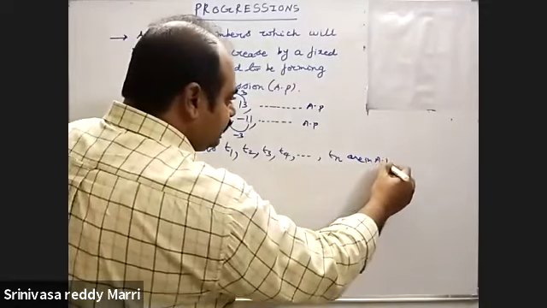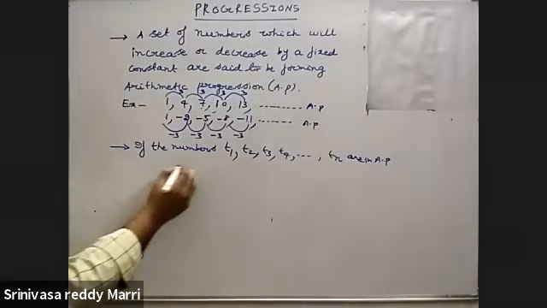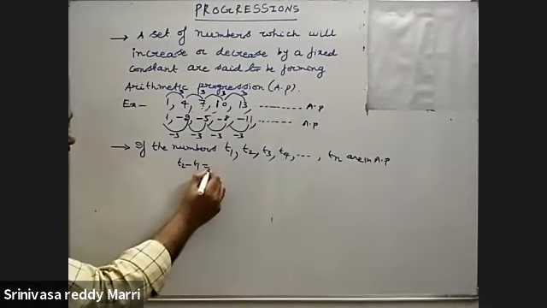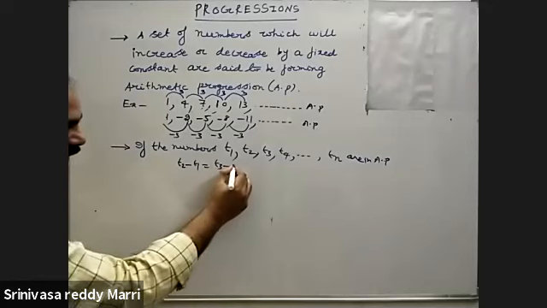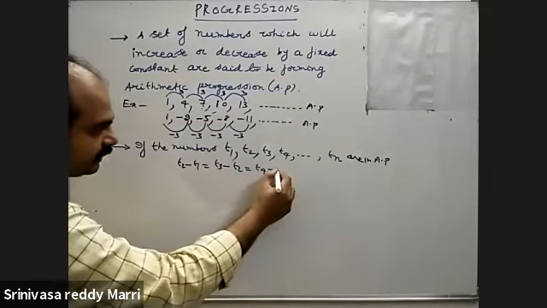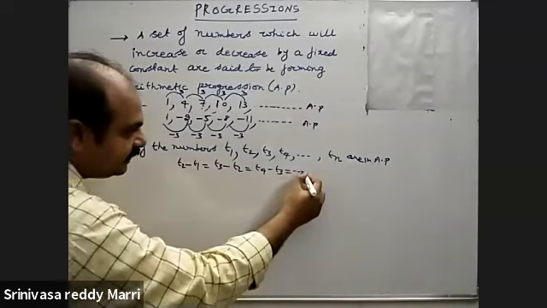When will they be in AP? Second term minus first term: T2 minus T1 equals T3 minus T2 equals T4 minus T3, and so on.